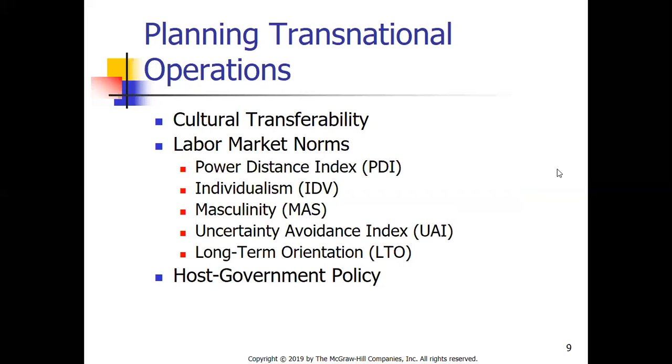If you are in a country with a high power distance index, you can see inequality of power and wealth: really rich people and very poor people. If the country you choose has a low PDI, they de-emphasize inequality of power and wealth. So you have no problem setting up any business if the power distance index is low.